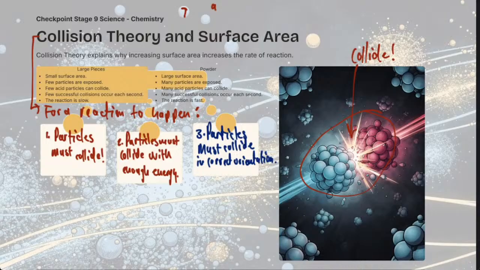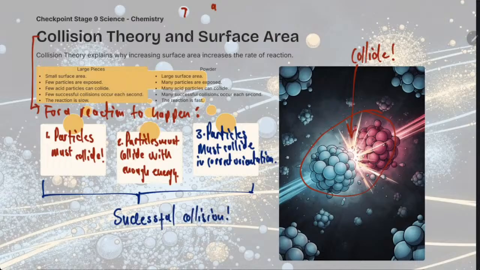Right. Now we have put this. This is good. Here's what you should know. When you increase the surface area, then we are going to have a successful collision. Okay?